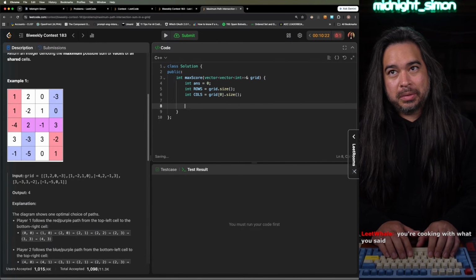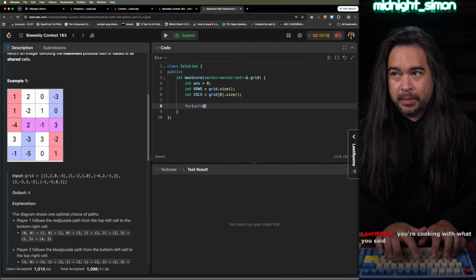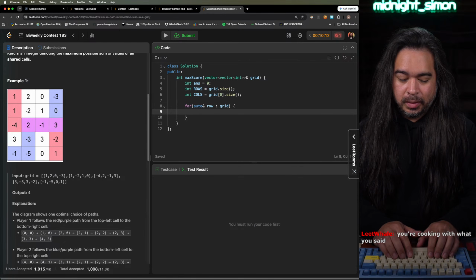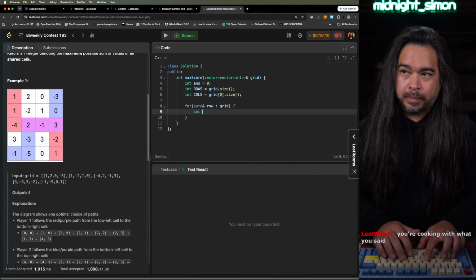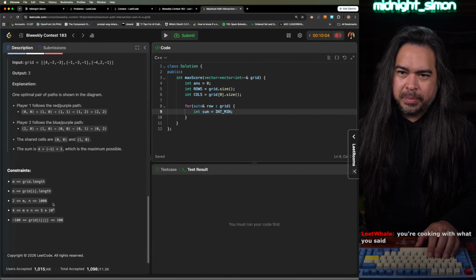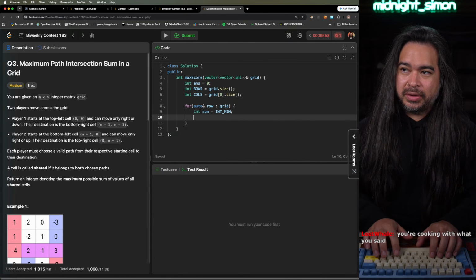Alright, so for rows, how are we gonna do that? What could our numbers be? Negative 100. Alright, so int min is good.